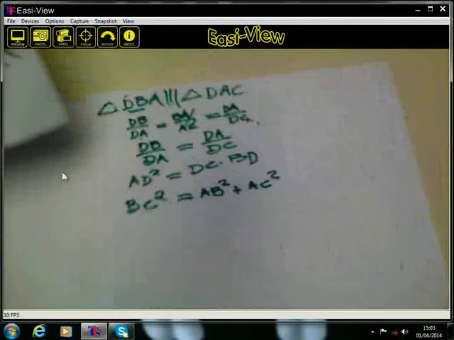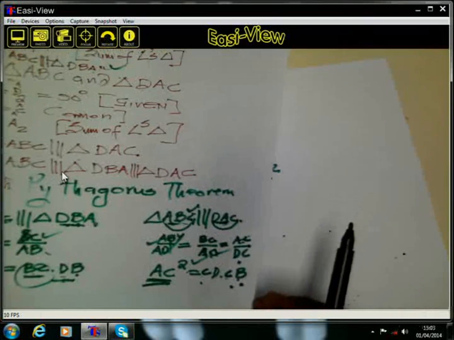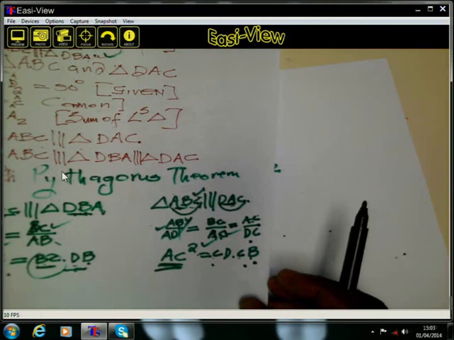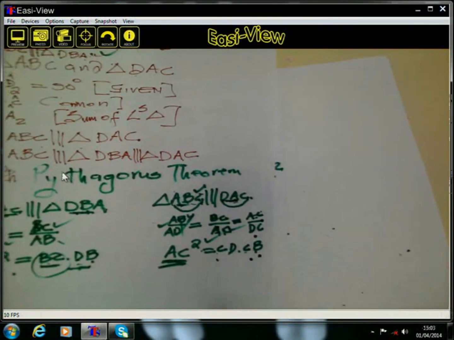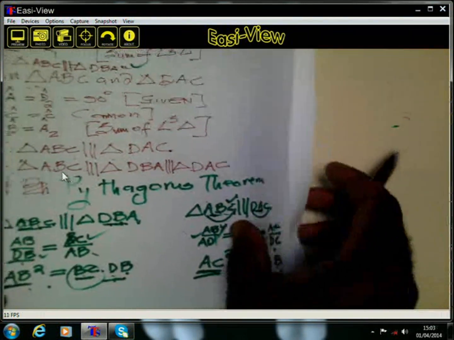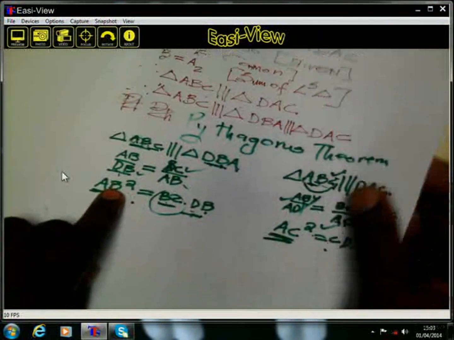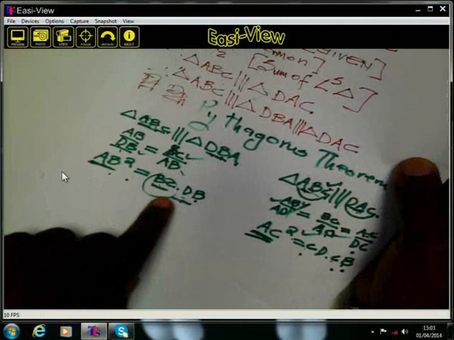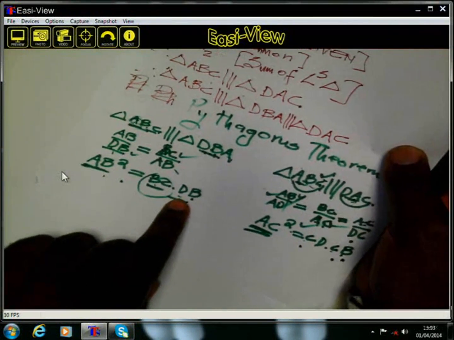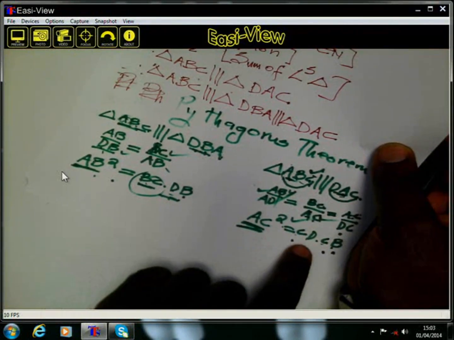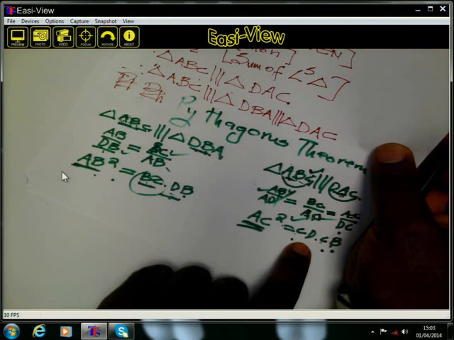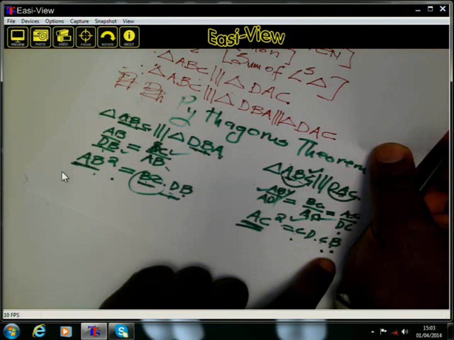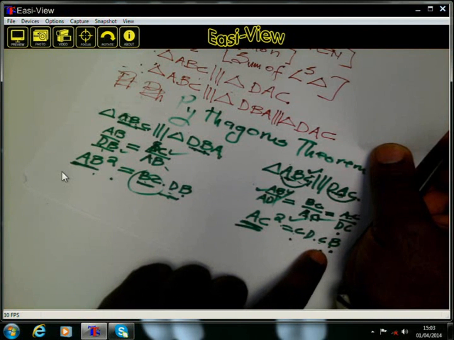However, when we come to this, we realize that we want BC. Now we can express AB in terms of BC multiplied by DB, and AC in terms of CD multiplied by CB.